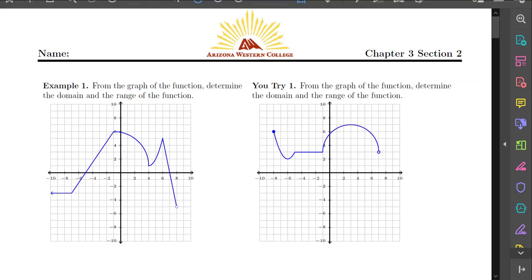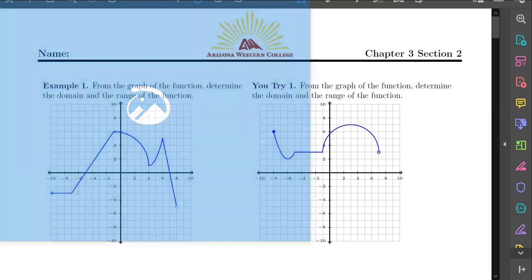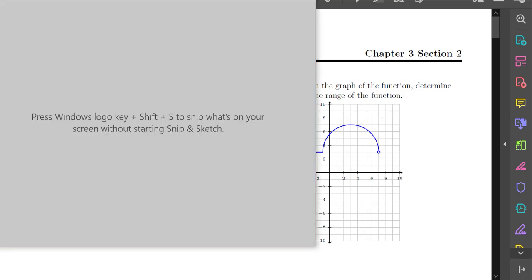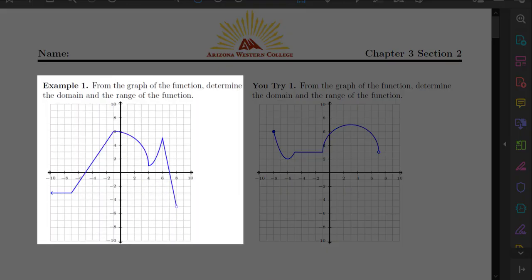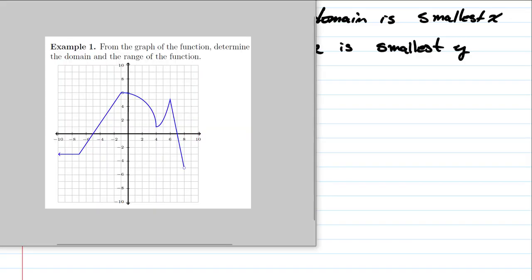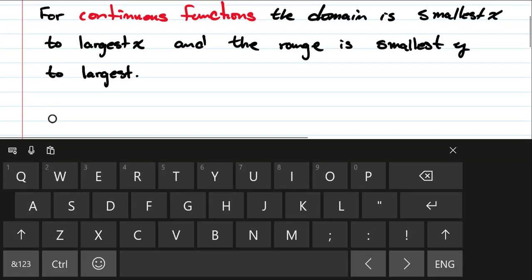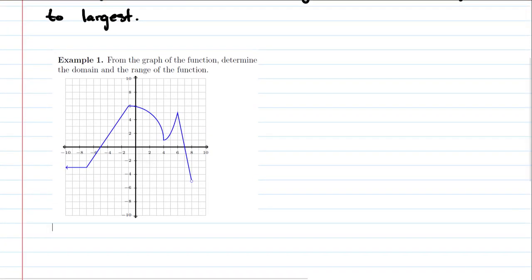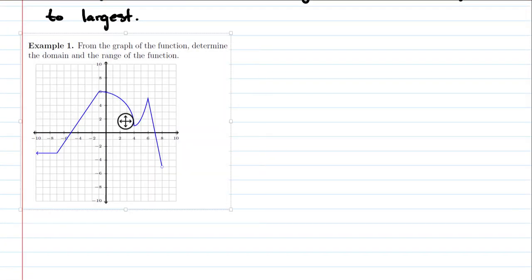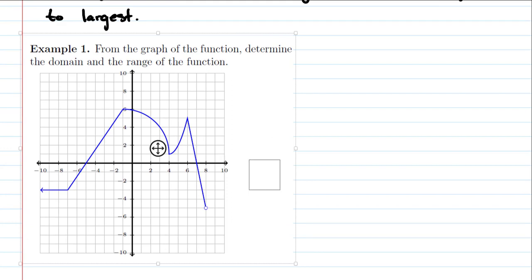So let's take a look at example number 1. Using that definition, from the graph, we want to determine the domain and the range.